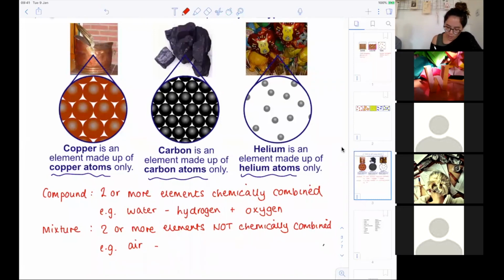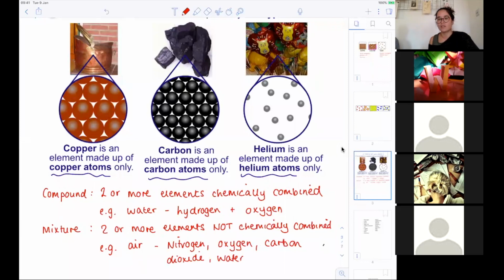Those elements include nitrogen, oxygen, but it also contains lots of other things like carbon dioxide and water. And the reason why air is a mixture is because using the right processes, we could actually separate air into its constituent elements, into its constituent compounds.